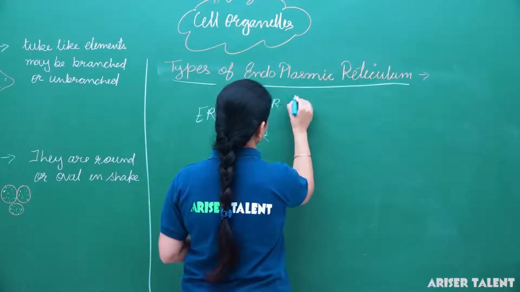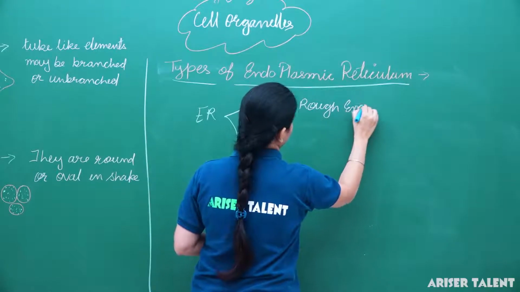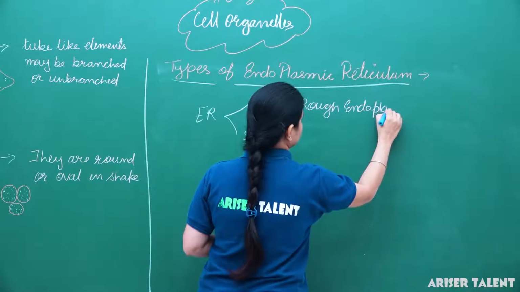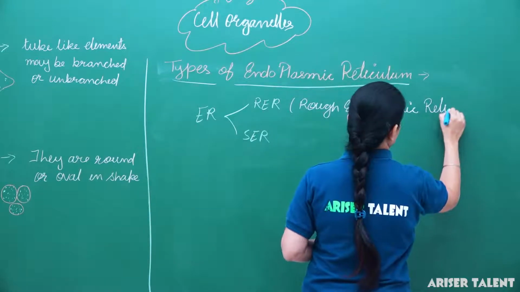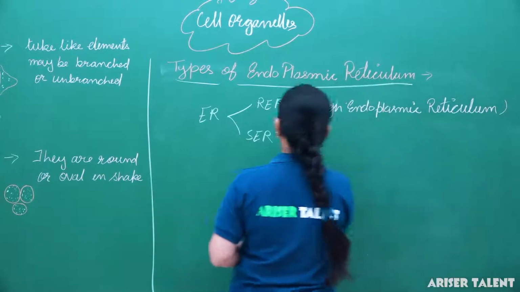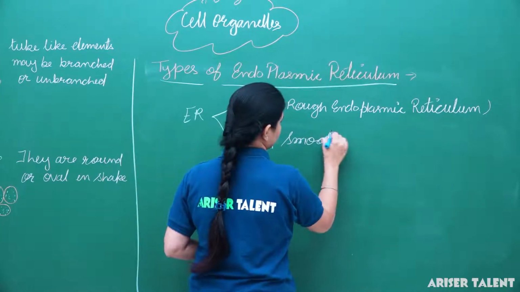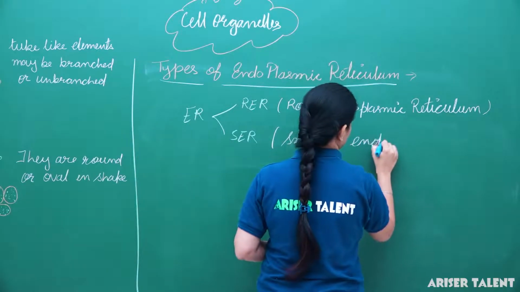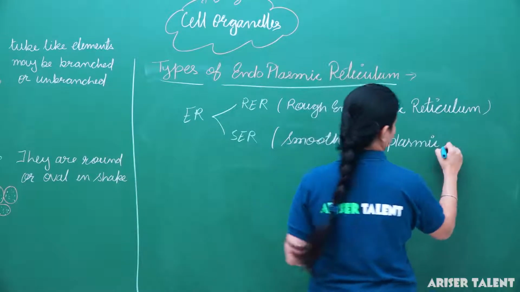RER means rough endoplasmic reticulum, and SER means smooth endoplasmic reticulum.